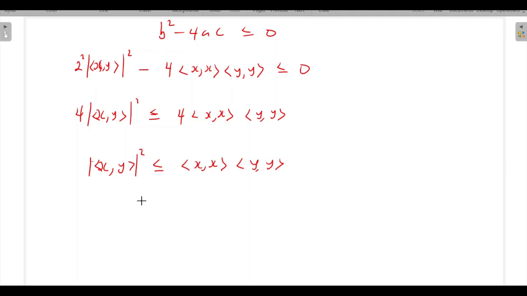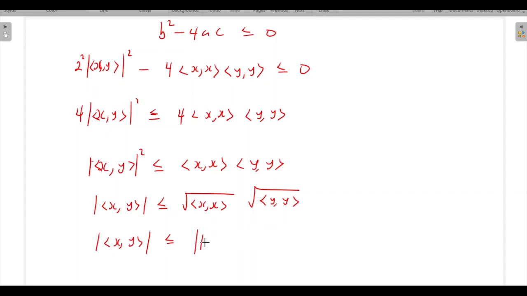Now, do not forget that these are squares. So if you take the square root of both sides, the square root will cancel the square, and you'll be left with the absolute value of x, y on one side, and the square root of x, x and the square root of y, y on the other. So this expression can also be written in this form: the norm of x times the norm of y.